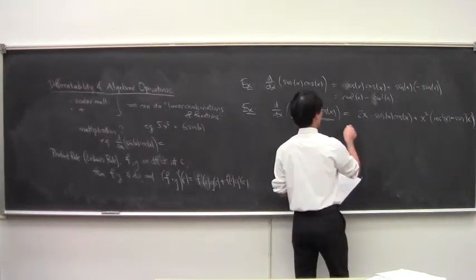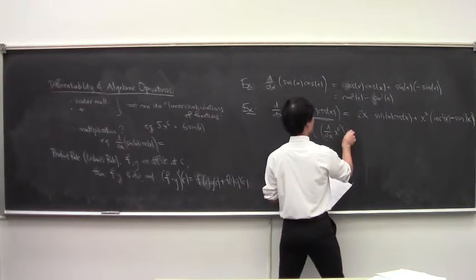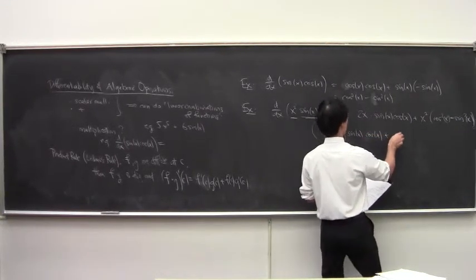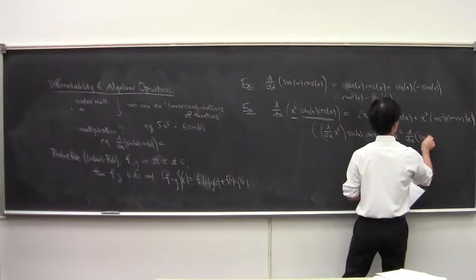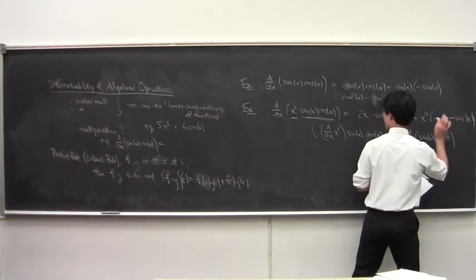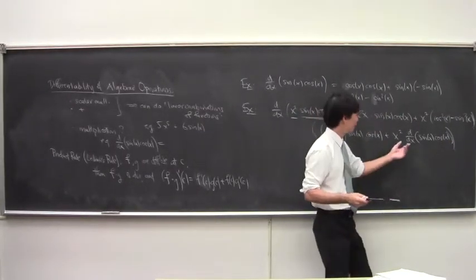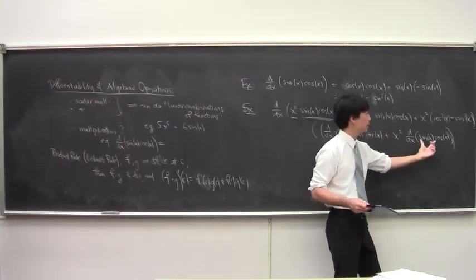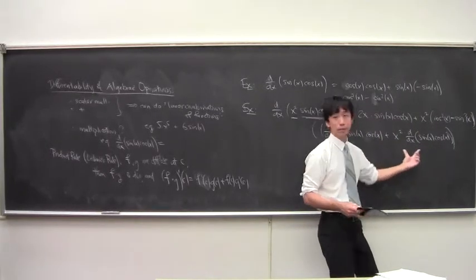That is to say, we take the derivative of the first guy times the second guy plus the first guy times the derivative of the second guy. And if we hadn't worked this out before, then we simply have to work it out now. That is, you'd use the power rule twice.